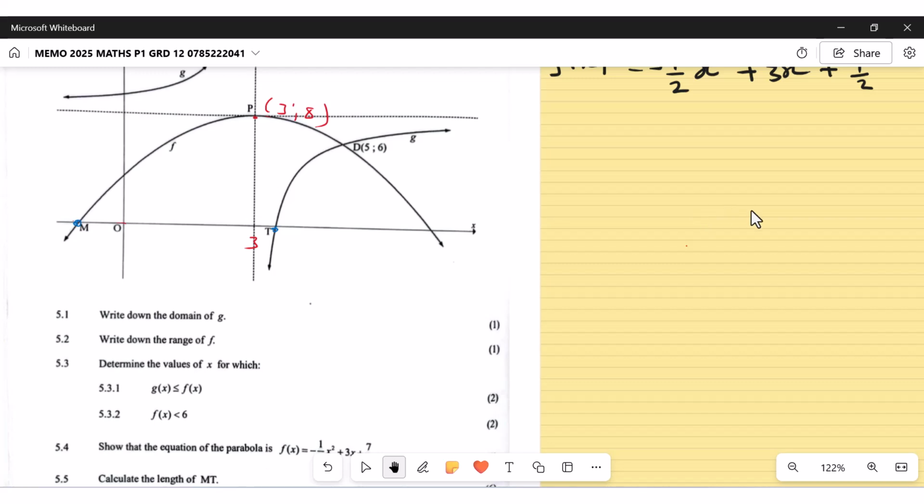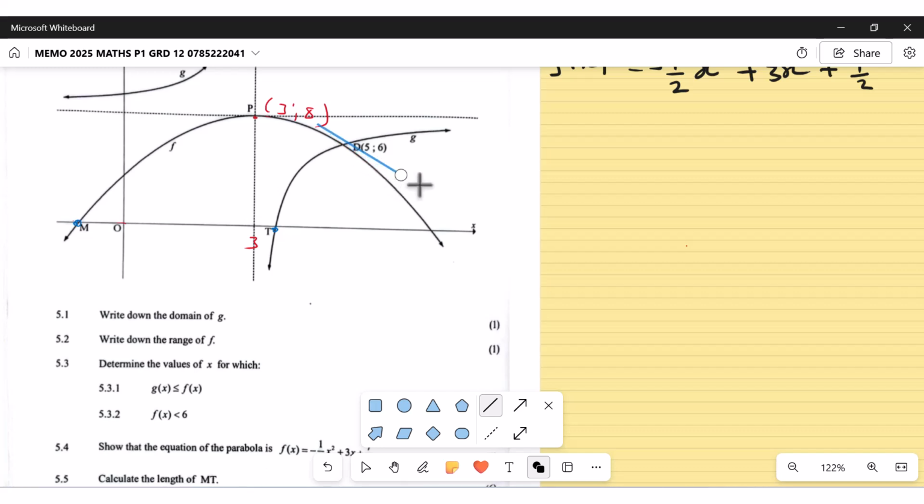So in this case, this blue line which I'm drawing here, if it's going to be our tangent, then it should only be touching at point D. At point D only. Now at that point of contact, which is point D, this tangent should have the same gradient as the parabola.